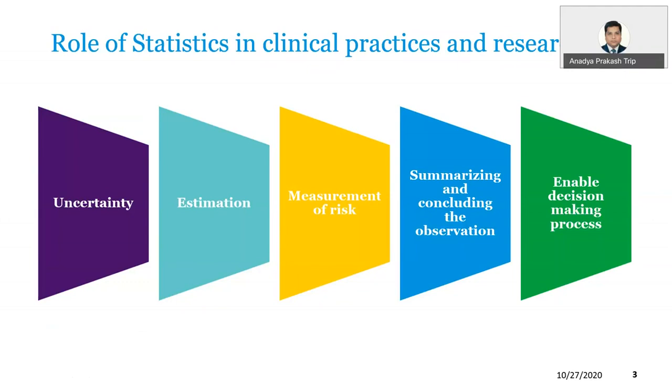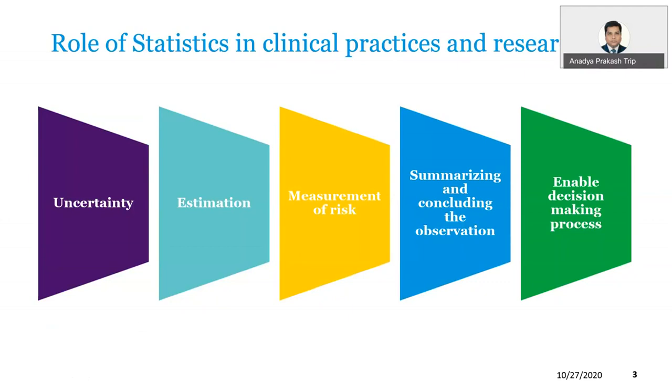The second type of process is to measure the amount, the magnitude. So it comes under estimation. We want to measure certain things, either it is prevalence, percentage, height, weight, or any kind of parameter. We want to measure.